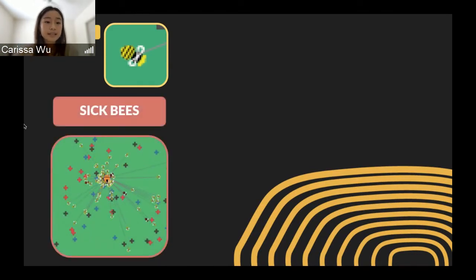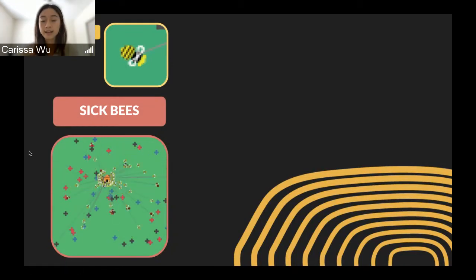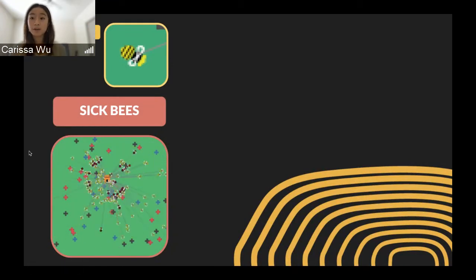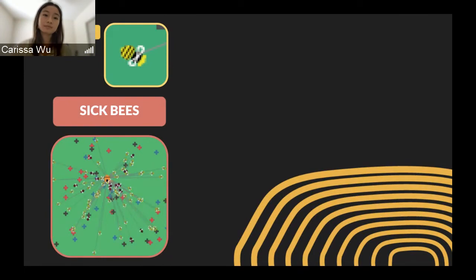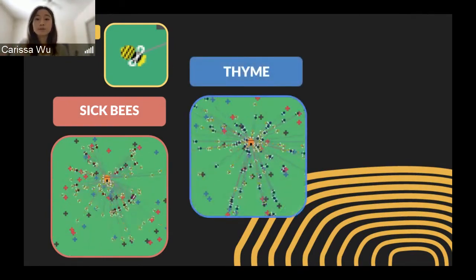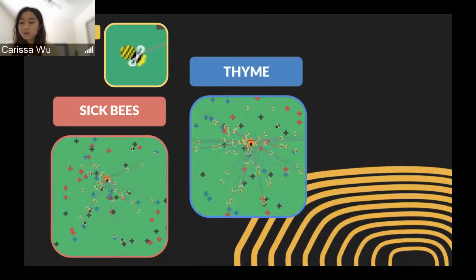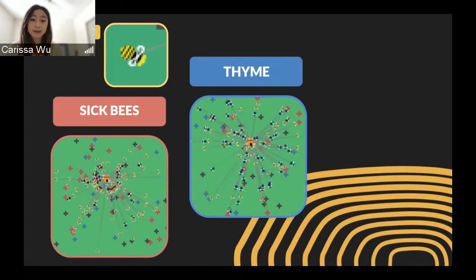Here you can see some red bees, and those indicate that those bees are sick with the deformed wing virus, or they are infested with the varroa mites. Here you can see these blue bees are somewhat protected from being infested by mites.